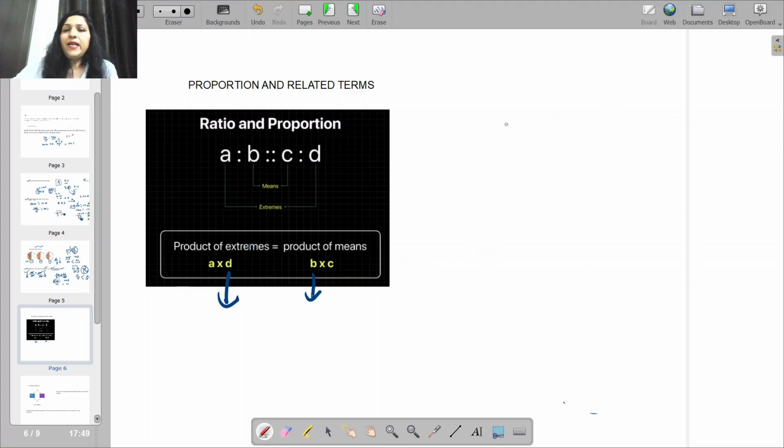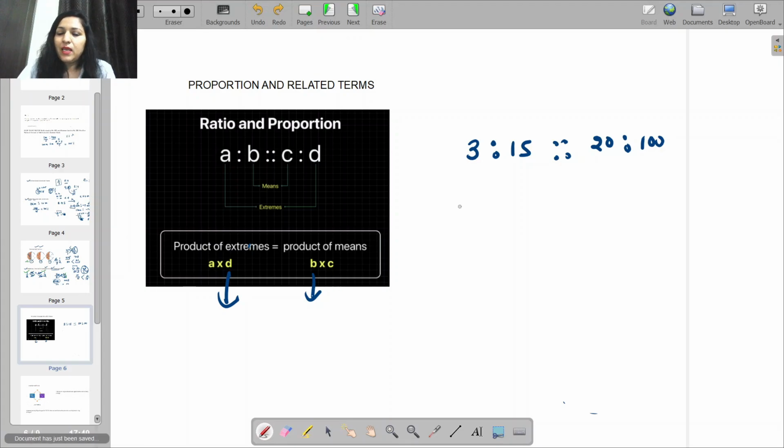Okay. If I take the number 3:15 is in proportion to, let me take some other number, 20:100. I need to know if these four numbers are in proportion or not.